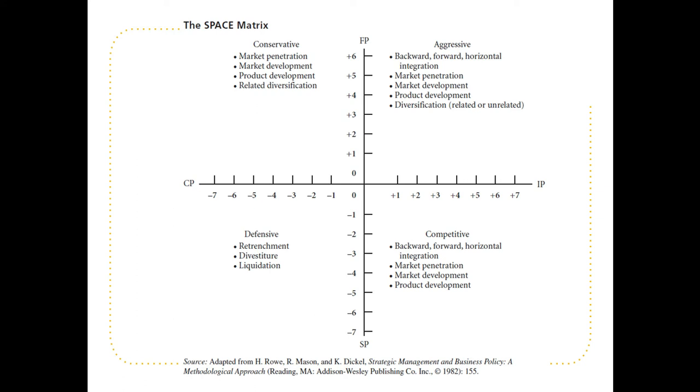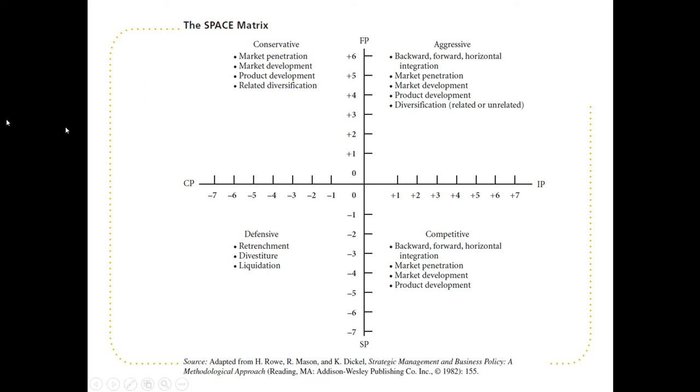The axes of the SPACE matrix represent two internal dimensions, that is your FP, or the financial position, and CP, competitive position.